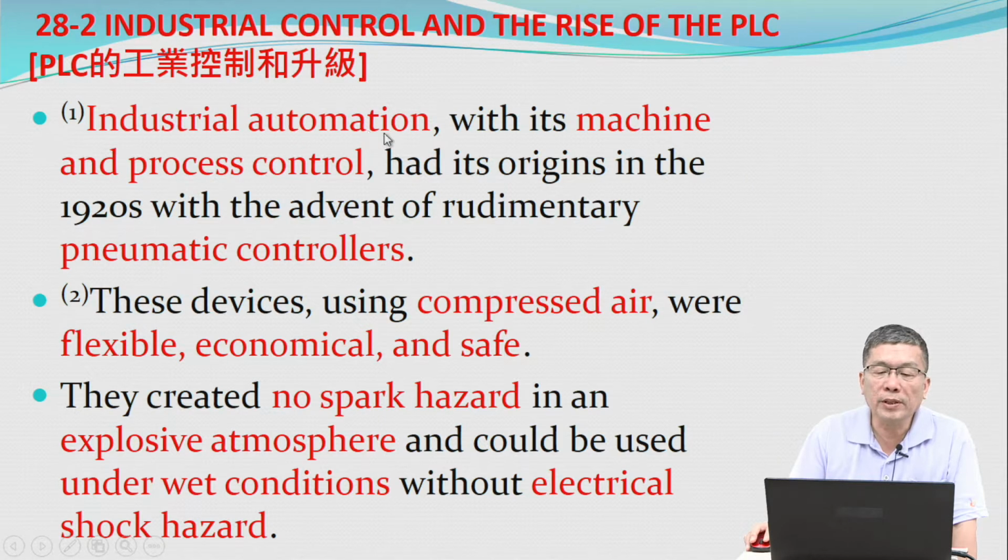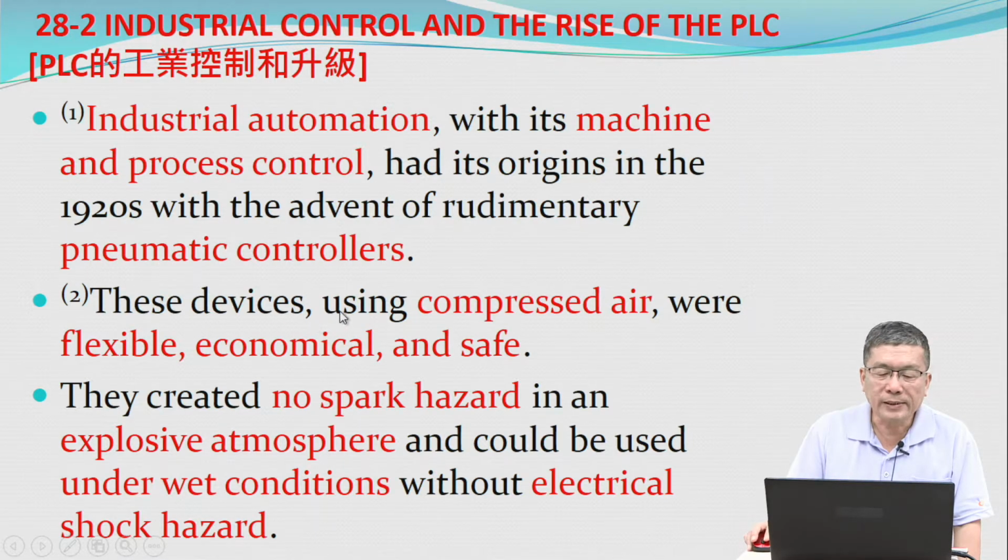Industrial automation, with its machine and process control, had its origin in the 1920s with the advent of rudimentary pneumatic controllers.